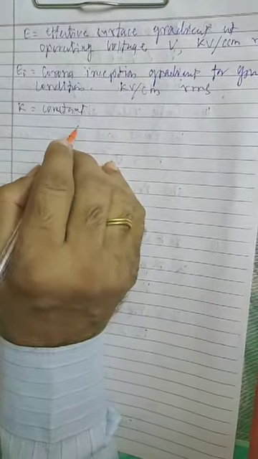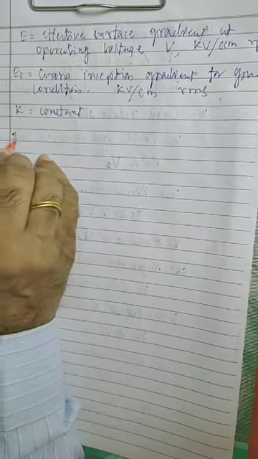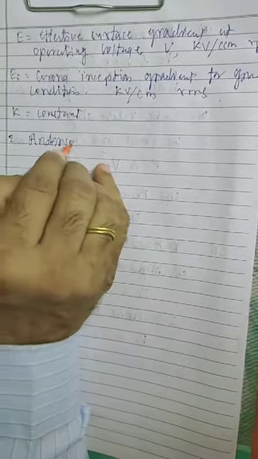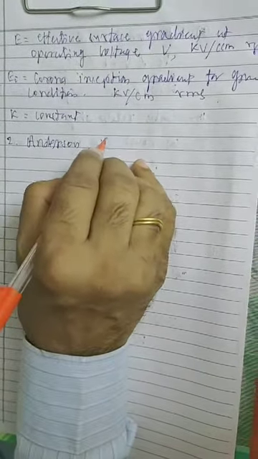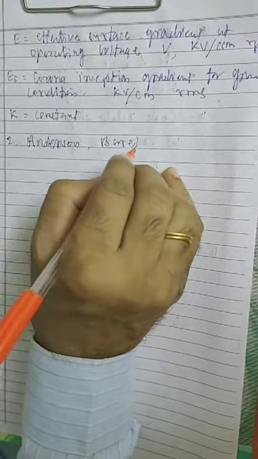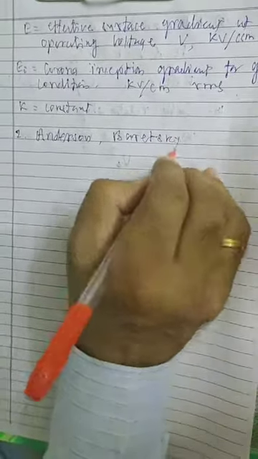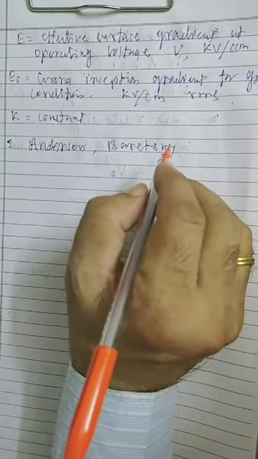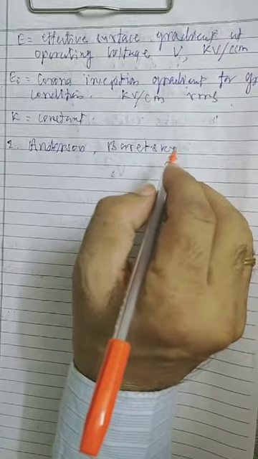Then the second formula is developed by Anderson. So the second formula is Anderson's formula, or Beard-Sky formula. This is for rain condition.